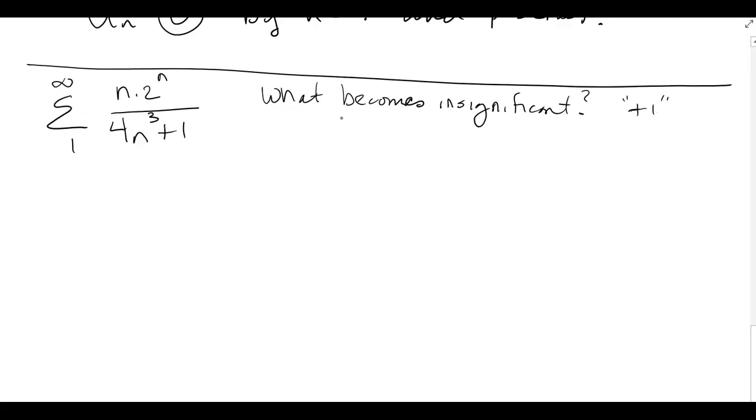That's not going to make a difference. So let's start with saying, well, b sub n is going to be, I need my n, I need my 2 to the n, I need my 4n cubed. I don't need the plus 1. Well, wait a minute. I can simplify that because I have an n over an n cubed. So wouldn't that simplify to 2 to the n over 4n squared?